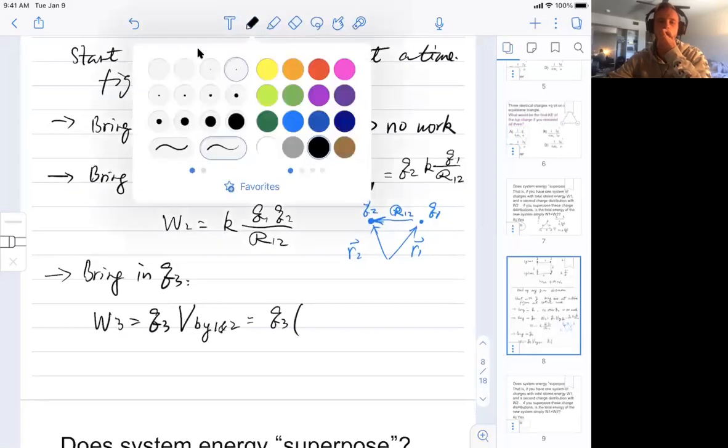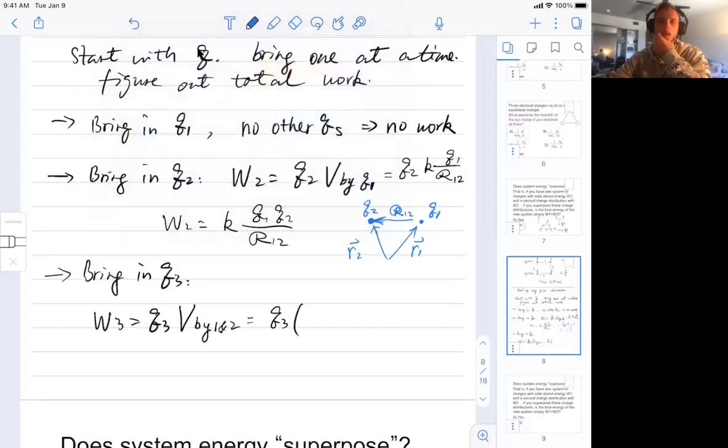Okay, so let me draw the little diagram here. So Q1 generates potential in space at the point of interest of Q3. Let me put it a little bit above this diagram. Q1 was here, Q2 was here. Now let's say Q3 is here. So the potential generated by Q1 at the point of interest, you have a distance R13.